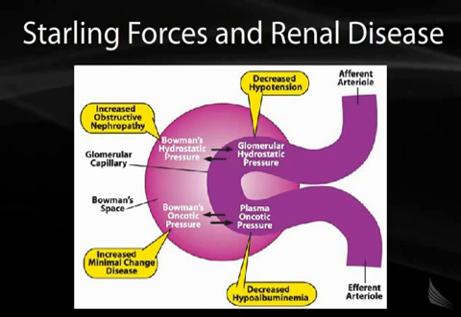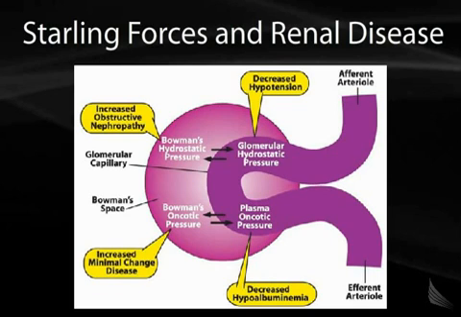As we said, the kidneys are highly sensitive to blood flow. If renal blood flow is decreased in the setting of systemic hypotension, then glomerular capillary hydrostatic pressure goes down. The end result is that net filtration goes down and glomerular filtration rate goes down.